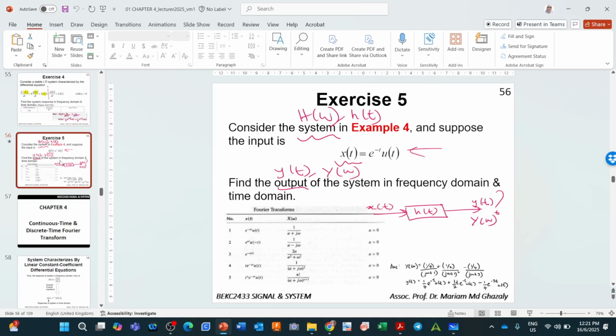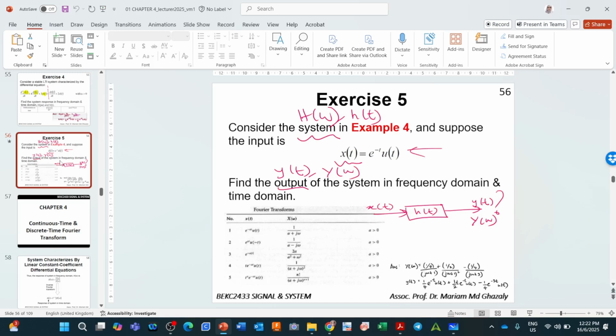If you look at the numerator, you have the same factor, so we write it as (j omega plus 1) squared. Then you need to use partial fractions: A over (j omega plus 1), plus B over (j omega plus 1) squared, plus C over (j omega plus 3).